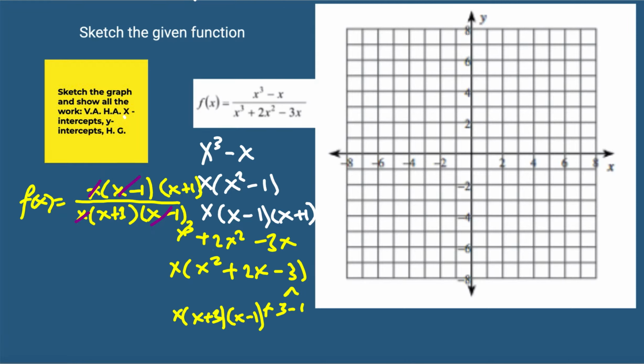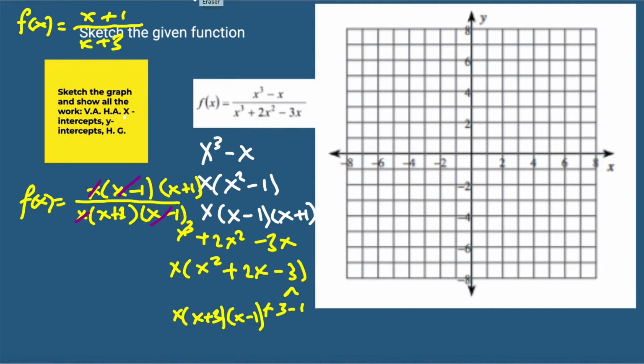And what remains is f of x equal to x plus 1 divided by x plus 3. And now we are working with this new function, and we are going to graph it.